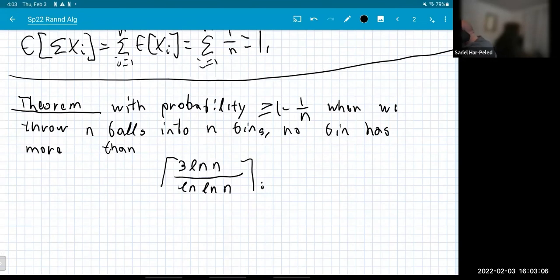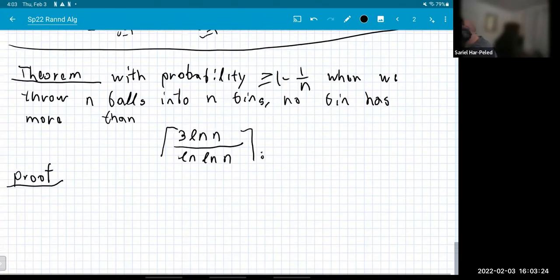The proof of this is a tedious calculation, but I think it's still useful to see it, so I'm going to do it. Hopefully it will be useful. What we are going to do is write explicitly the probability of this bad event, compute the probability, then bound it, and then sum it over all the bins and get our bound.